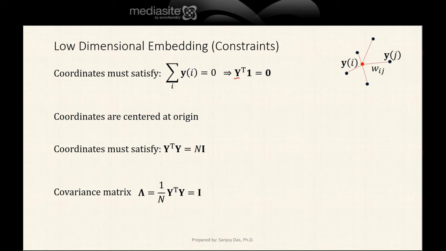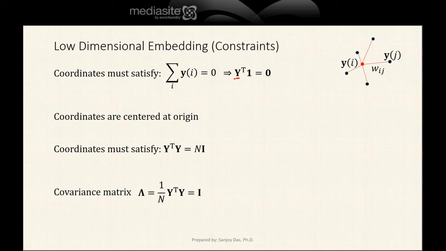So we have more scalar variables. Each entry of this matrix Y is a variable, and we have only n number of equations to satisfy. So in other words, we have more variables than equations. That's why we can place more constraints so that we get a unique value of Y with those constraints.